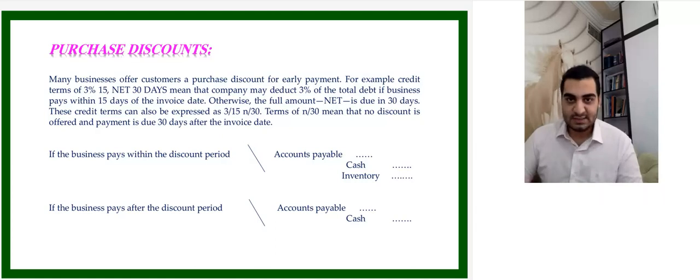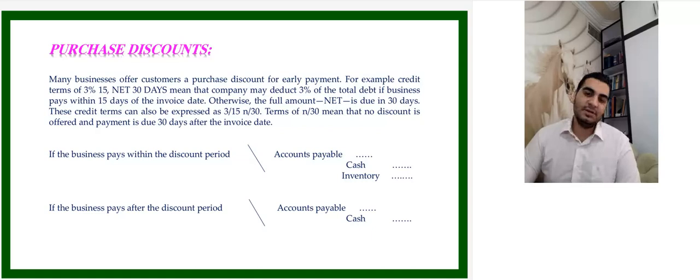This phrase, as you see here, means that the company may deduct 3% of the total debt if the customer pays within 15 days of the invoice date. Otherwise, the full amount, net, is due in 30 days. So if our customer doesn't pay in the discount period, he or she has to pay the full amount in 30 days. And these credit terms can also be expressed as 3/15, n/30.